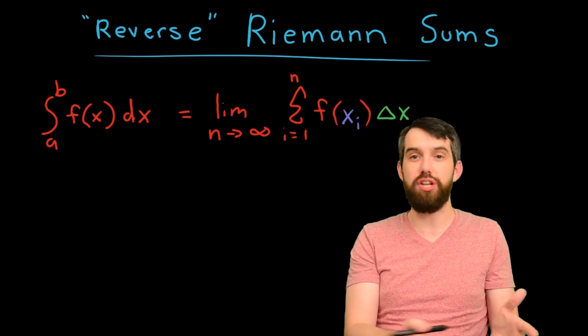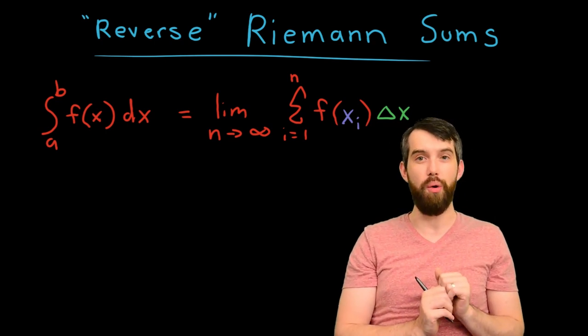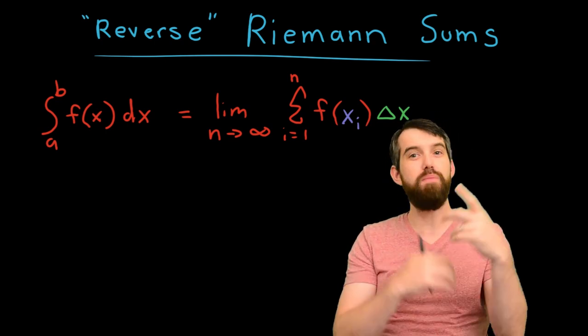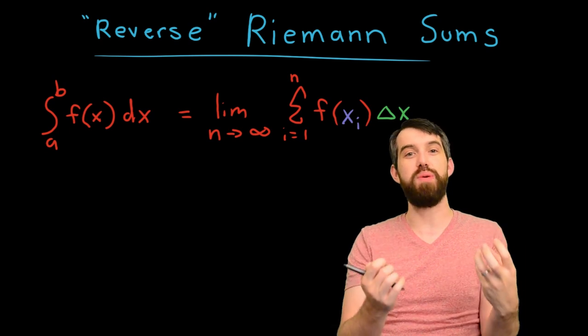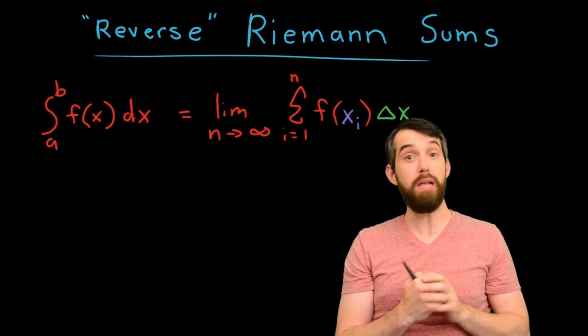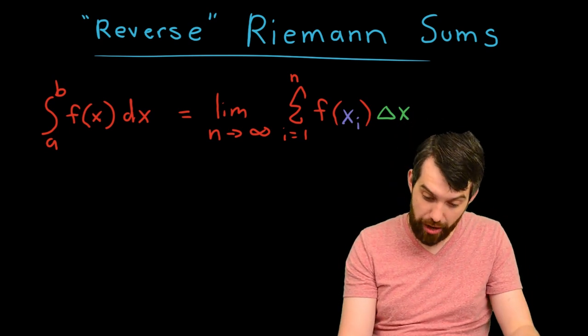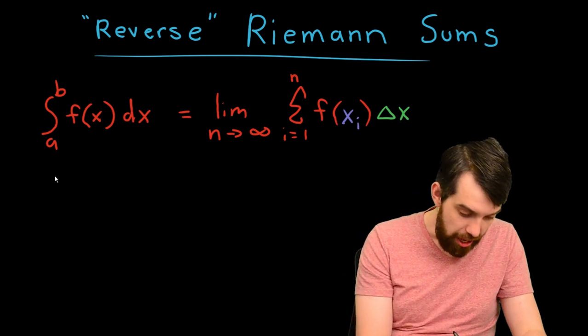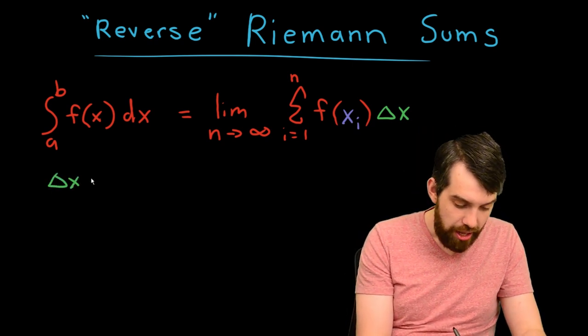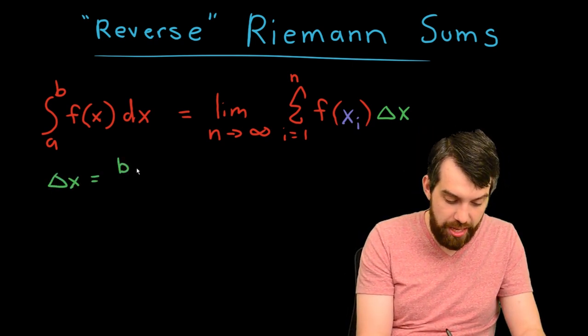Now, first of all, two little things that we want to look at. This definition, which absolutely you need to know, also requires you to figure out how to compute the xi's and how to compute the delta x's. So there are two formulas that are relevant here, and I'm going to do the delta x first. The delta x is equal to b minus a, divided by n.